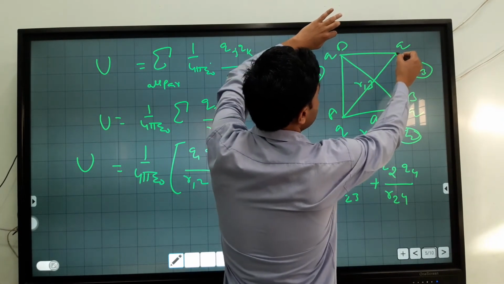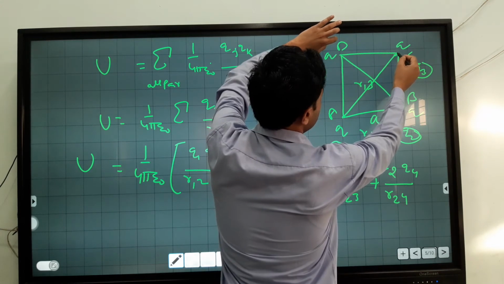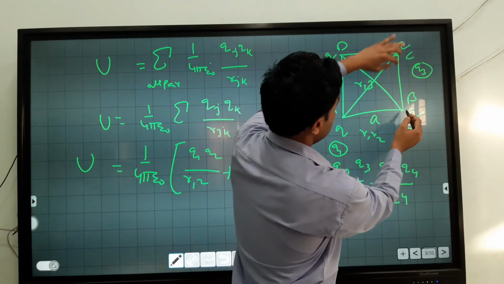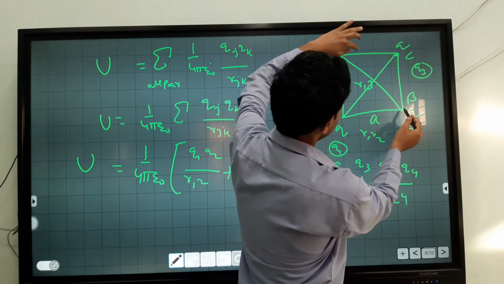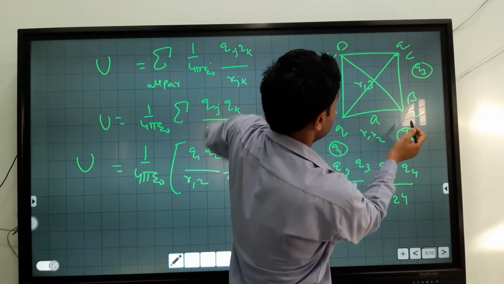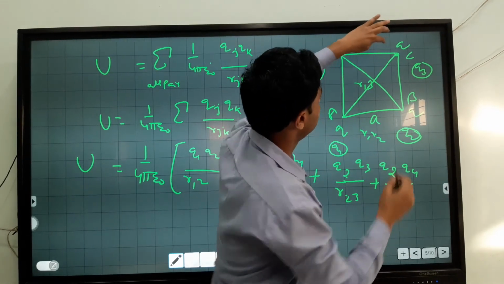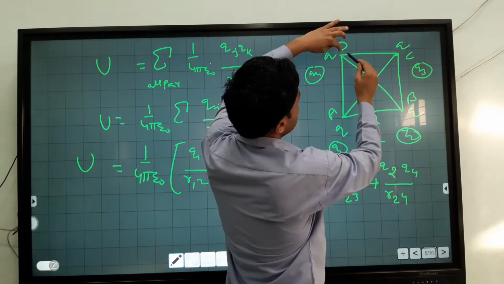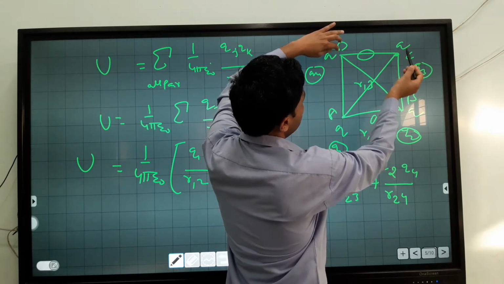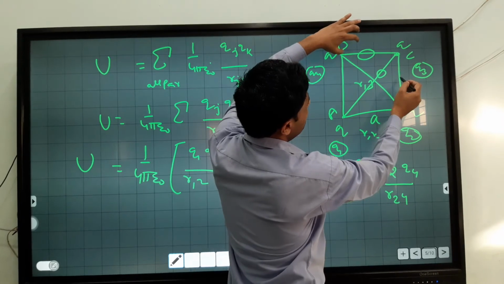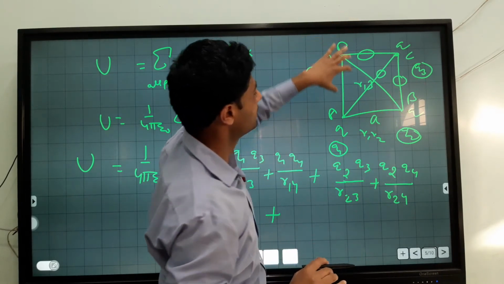For the next point, only this pair remains, because we have already taken this pair and this pair.